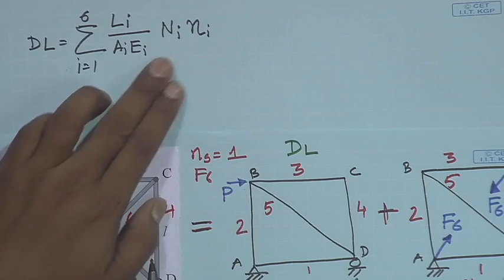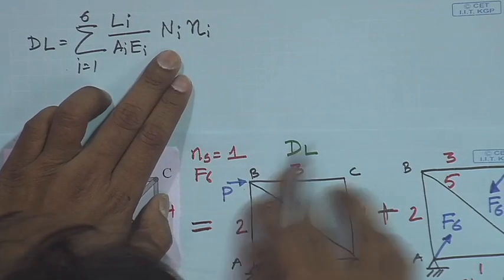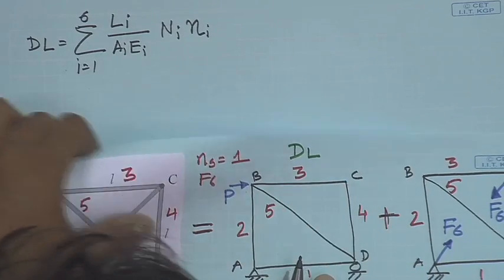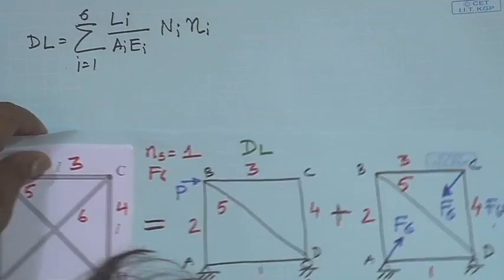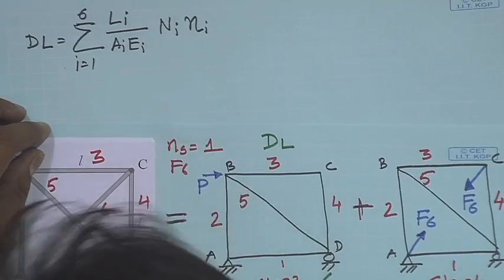Ni is the force in the member in the primary structure subjected to load, and small ni is the force in the primary structure subjected to unit load. We already discussed this unit load method.